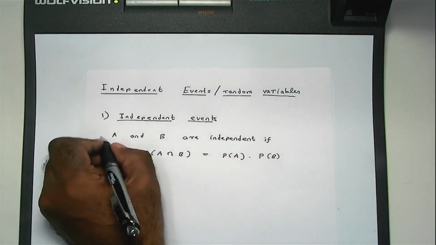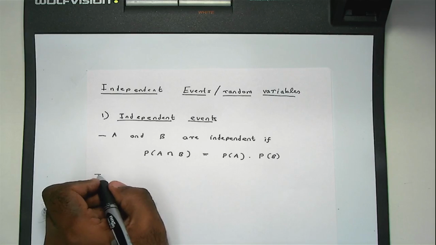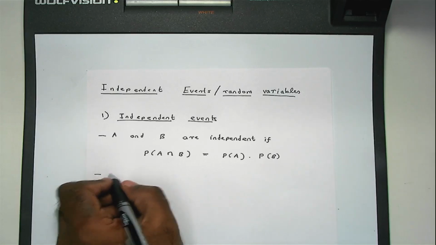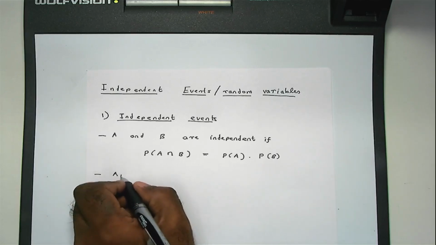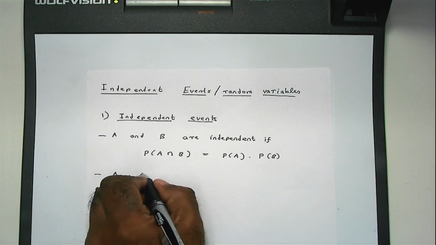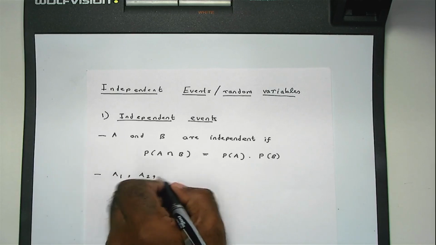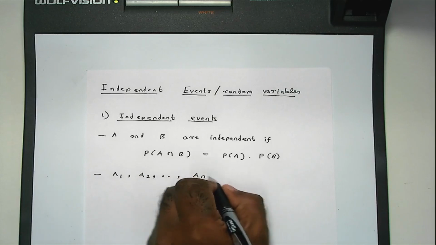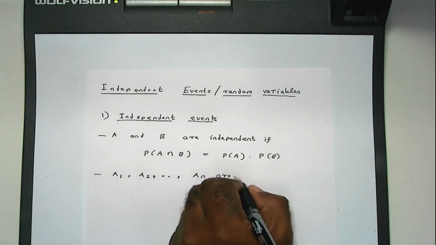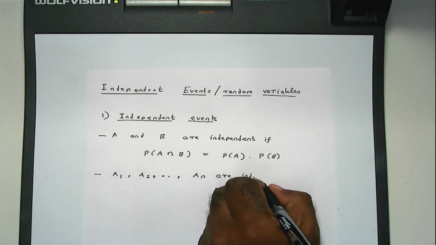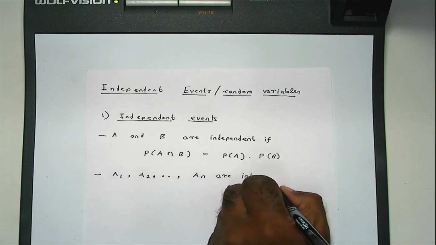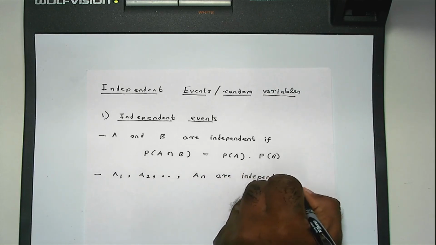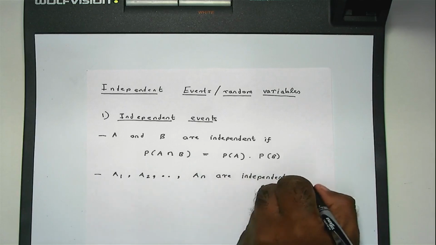Now suppose you have n events, say A1, A2 up to AN. And these events are independent if the following is true.